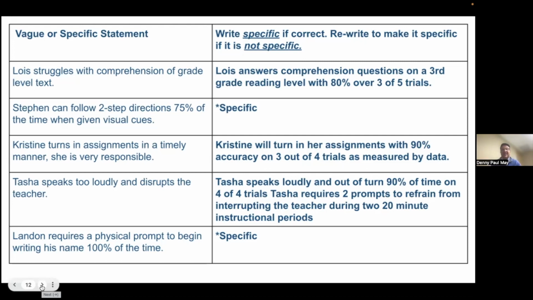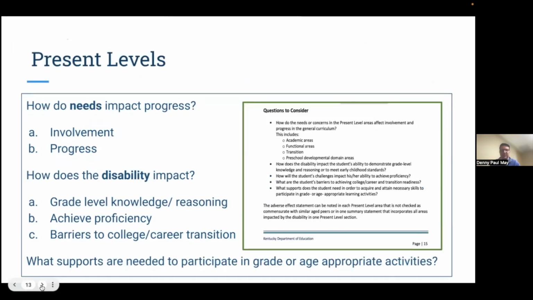But you get the idea that when Brenda and I review, we want to see those percentages in your statements, and we want to make sure that we can currently say this is exactly where this child's functioning when the IEP cycle starts.